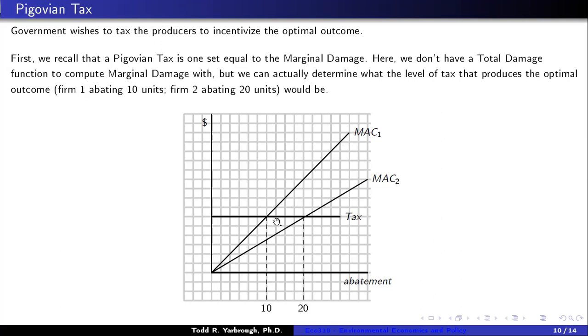So in other words, all we have to do is find the value that gets us to this particular solution. And the beauty of it is that it's the exact same outcome, as we can see here in the graph, that gets us to the solution for firm 2. Now, firm 2 is willing to abate more than firm 1 because their abatement costs are lower, but the exact same logic holds.